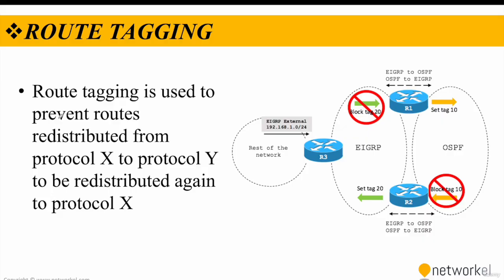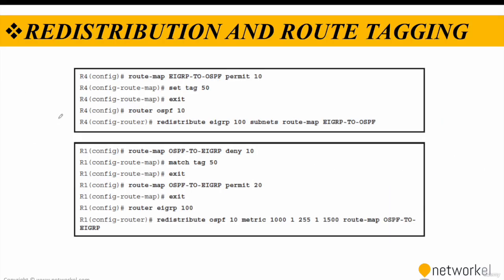So here is how it works in conjunction with redistribution. For example, I have a route map again, which is EIGRP to OSPF. That is the name of my route map. What I am doing with this route map is setting a tag, and the tag is 50.